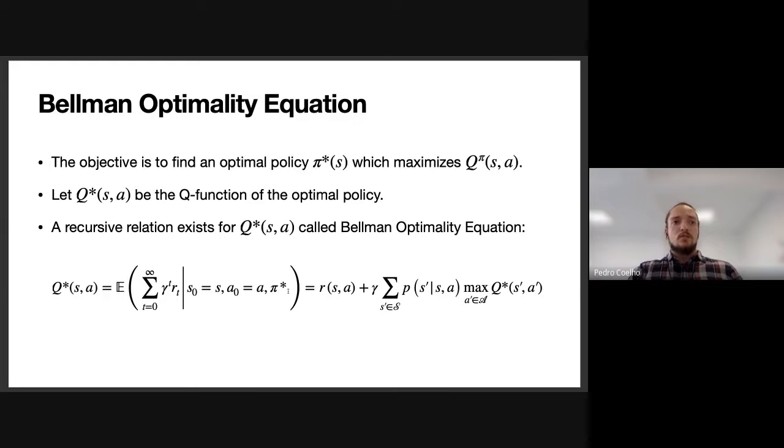This step is straightforward, and basically to get here, you just extract the first term of this sum, and you end up with something similar to this. So you extract the first term, the sum is infinite, so you end up being able to find Q star of S prime and A prime, which is the next state and the next action that you will do on that state.